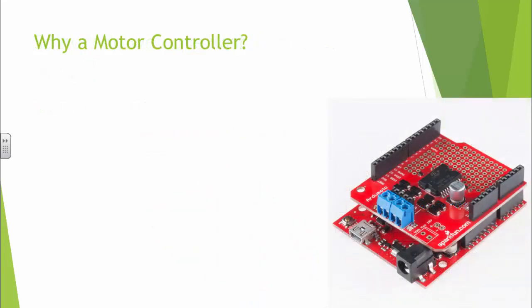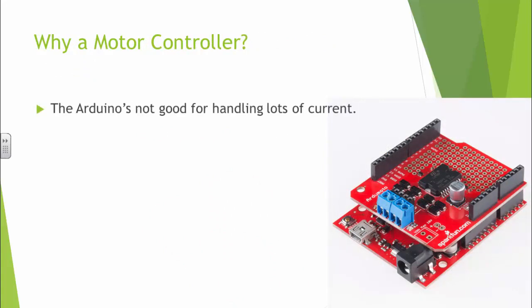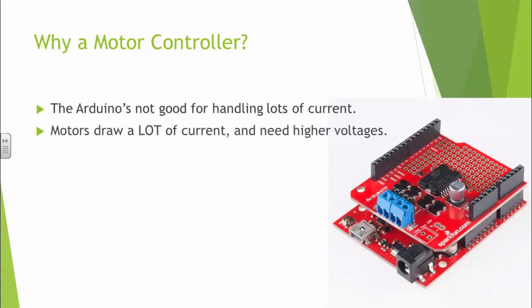Now, why do we want to use one of these things? Well, the Arduino just is not good for handling large amounts of current. If you try to run any large amount of current through an Arduino, it will burn out. Arduinos are also limited to 5 volts of output, and motors need higher voltages than that.